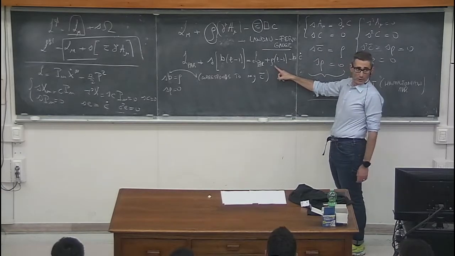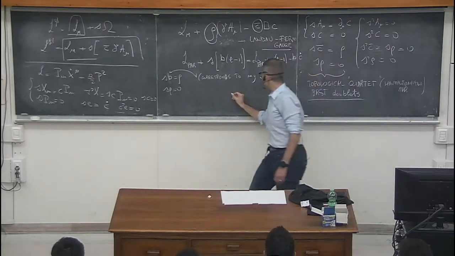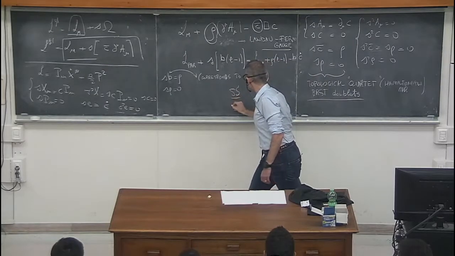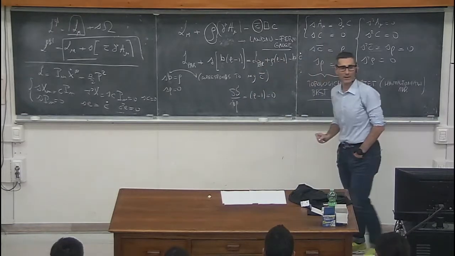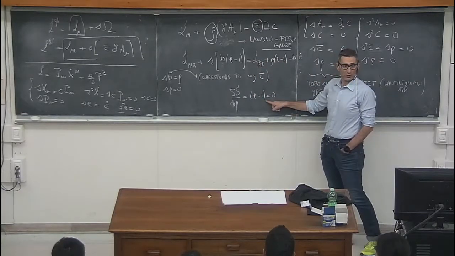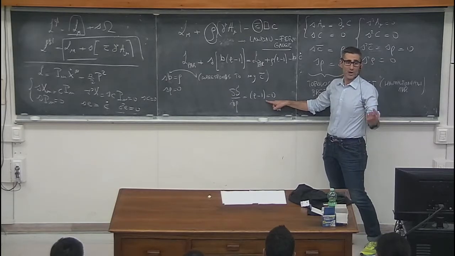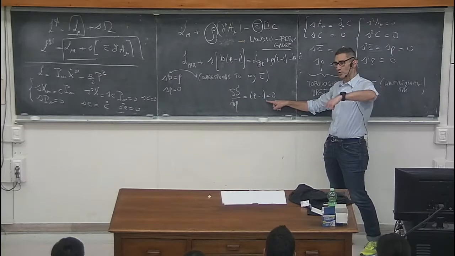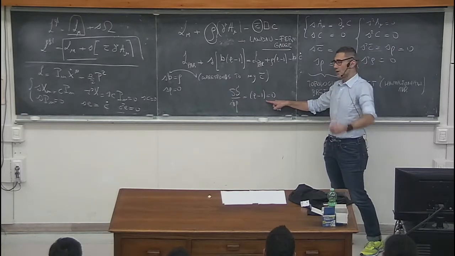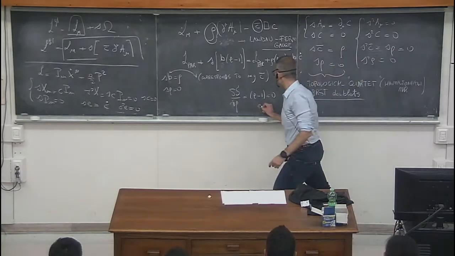If I calculate the equation of motion for rho, namely the variation of the action with respect to rho, it gives me exactly e minus 1 equal to 0. This is an algebraic equation. Every time I find an algebraic equation, I can always use its solution in my action. So I can solve this equation, which means e equal to 1.